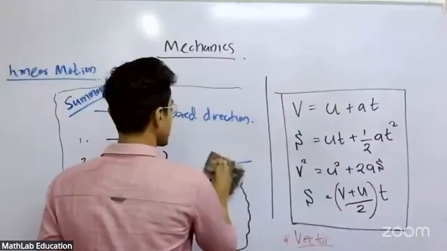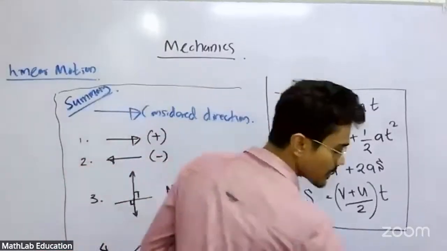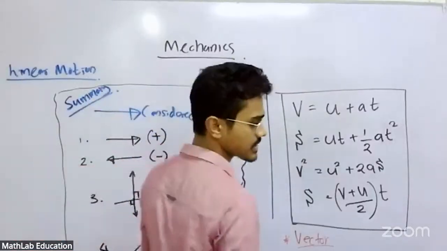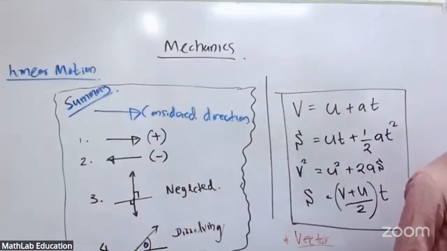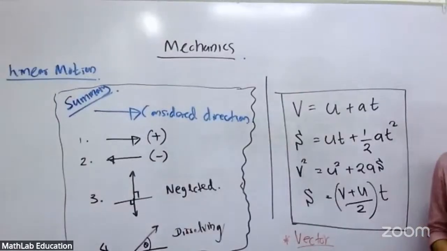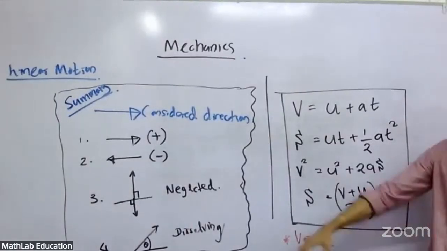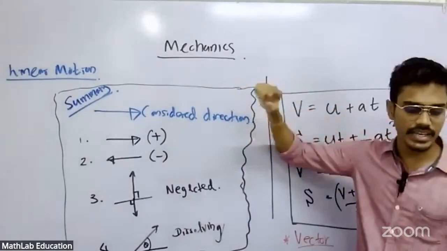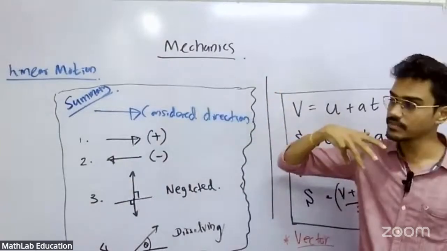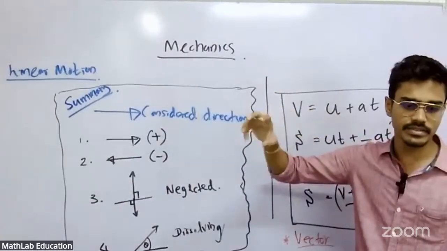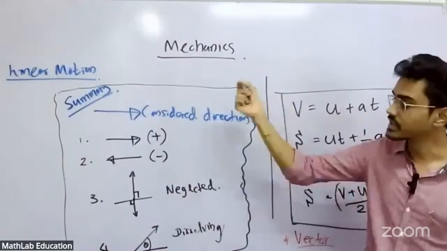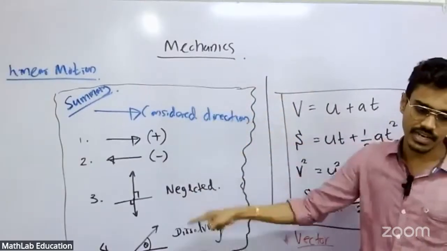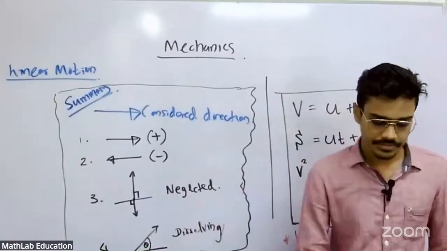Mention the rest as a summary of the points I gave. This is the considered direction. The considered direction can be any direction, and that freedom is there. We can consider any particular direction with the question, and with respect to that direction, these four work like this.